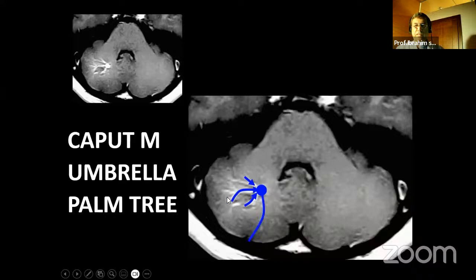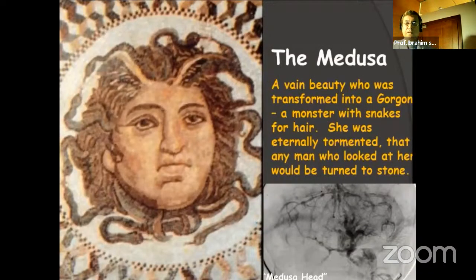So tributaries like this go into the collector vein and then into a draining vein. And this head is called caput medusa, or some people call it umbrella, some people call it palm tree. It's just the same. Caput medusa because of the Greek mythology, this head of the female with lots of snakes around the head. So if you look at the AVM here, the DVA, it looks like the caput medusa.